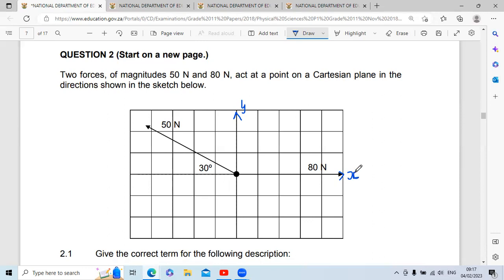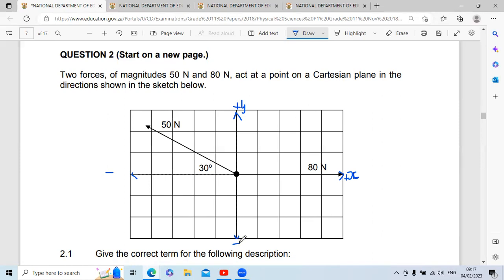Firstly, I'm going to establish my positives and negatives. So I'm just going to say this is going to be my positive y, and this is going to be my positive x. So automatically we know that this is going to be our negative side of the x-axis, and this is going to be our negative side on the y-axis.